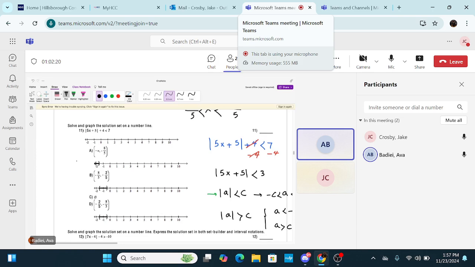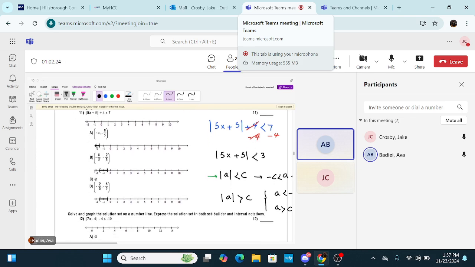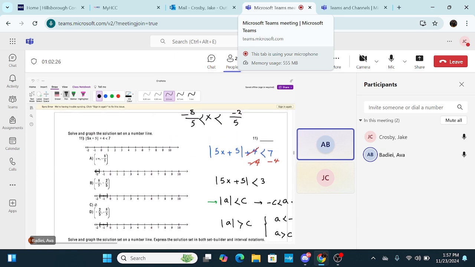So looking at this thing here, which one do you think should be the answer? D. Pretty close, but be careful when you say that. Be careful to put the smaller number on the left and the larger number on the right.